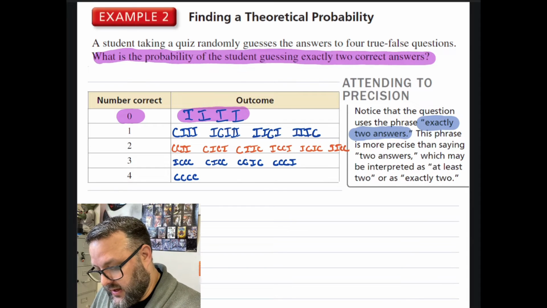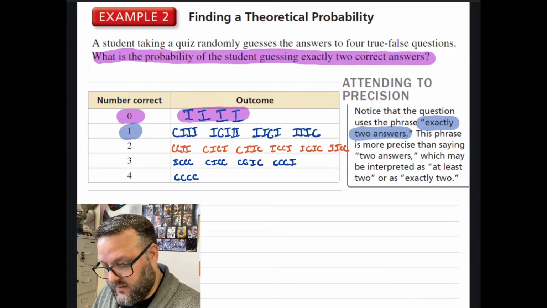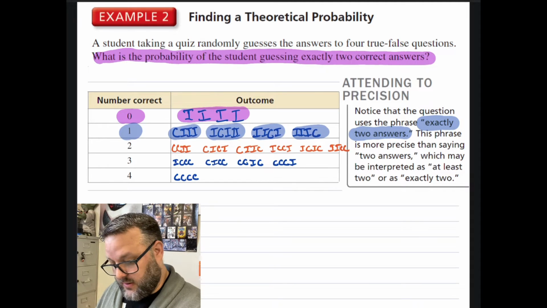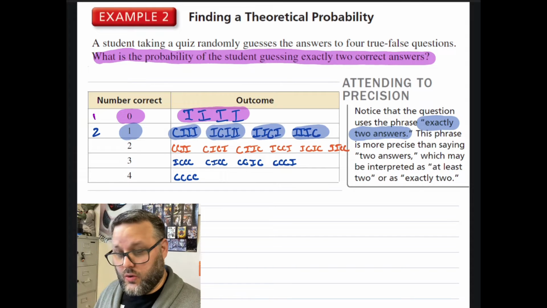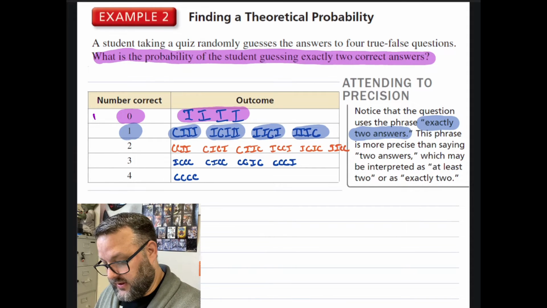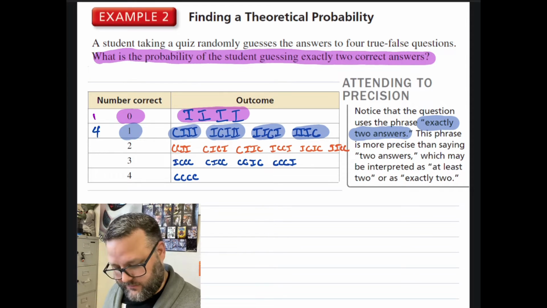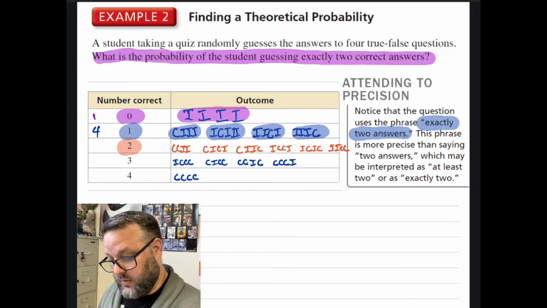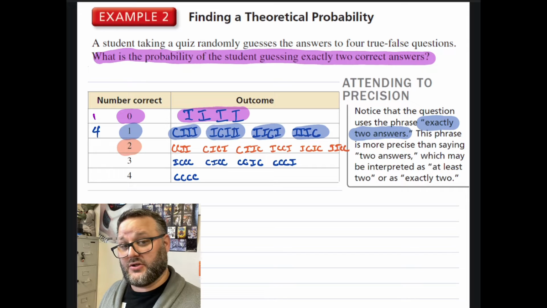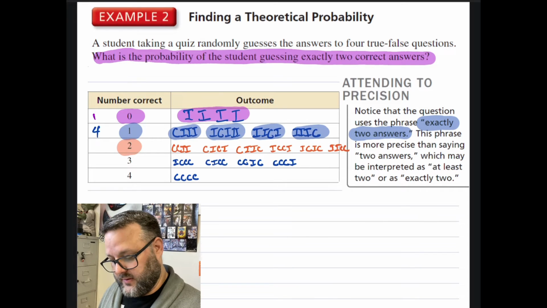So we look at here, we have 1, 2, 3, 4. The reason I'm counting these up is because at the end, I need to know the total possibilities that there are, and I need to be able to compare what I want to how many there are. So here is what I want. I want the possibility that I got 2 of the 4 correct.